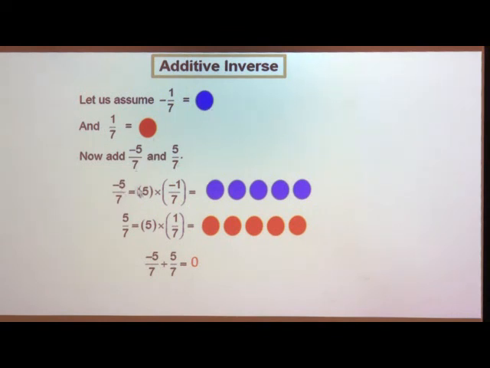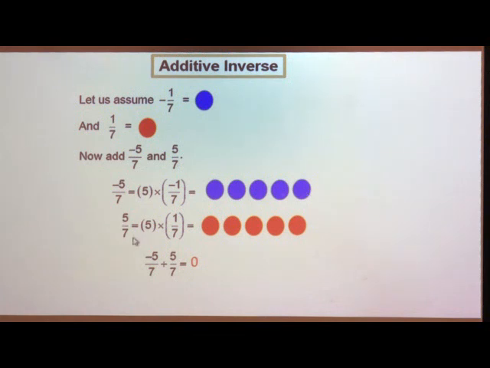We had written this rational number in the form of minus 1 upon 7. So when we take 5 times, it is nothing but 5 multiplied by minus 1, which is minus 5 upon 7. So minus 1 upon 7 is how many times? 5 times. What is minus 1 upon 7? A blue circle. So we will write 5 times a blue circle.